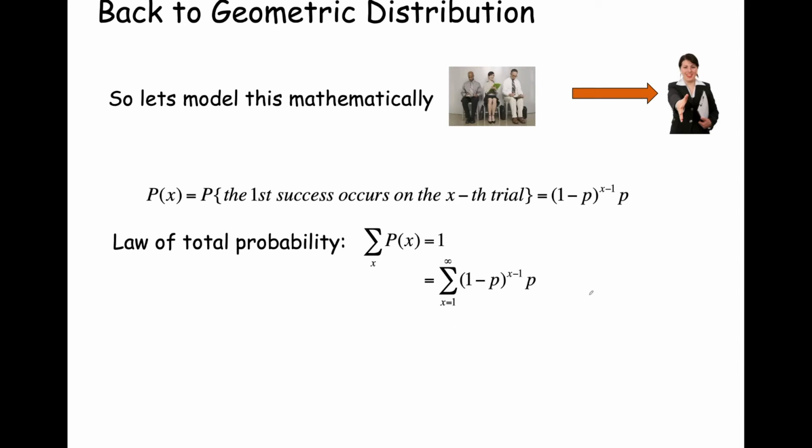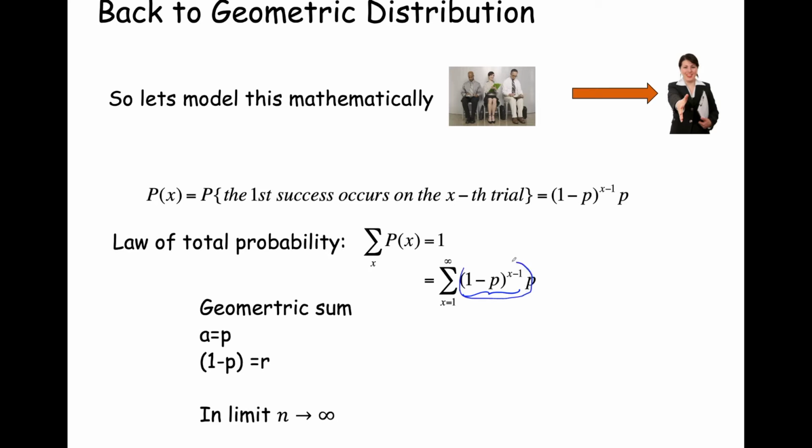We had set out to show that the law of total probability holds true. So let's build a geometric sum, and this is our total probability. We're adding up the probability mass function. There's our probability, 1 minus p to the x minus 1. Those are x minus 1 failures ending in a single success at a rate of p. And we're going to sum all of those for all possible values of x, all places in line where that single success can occur.